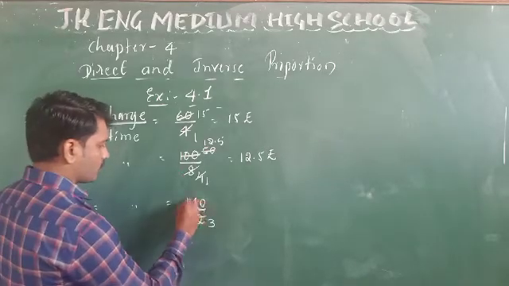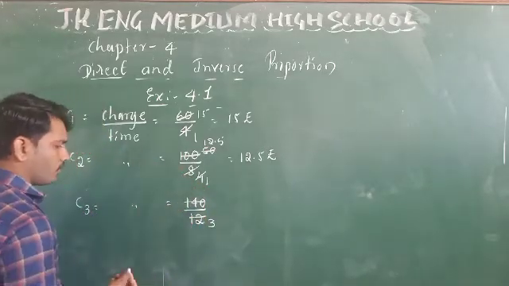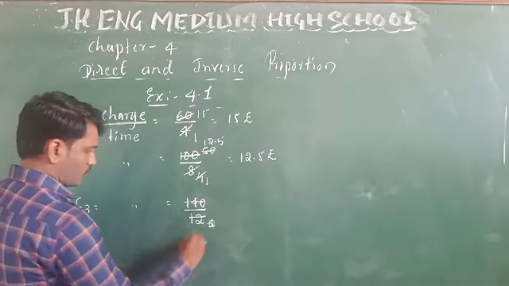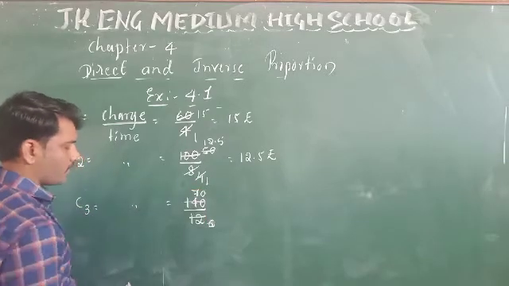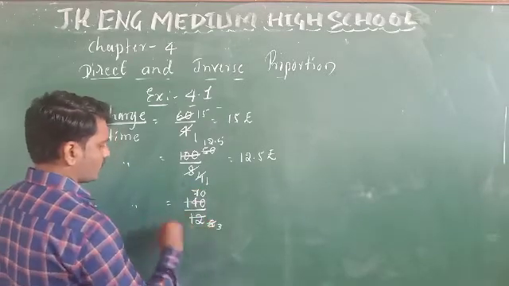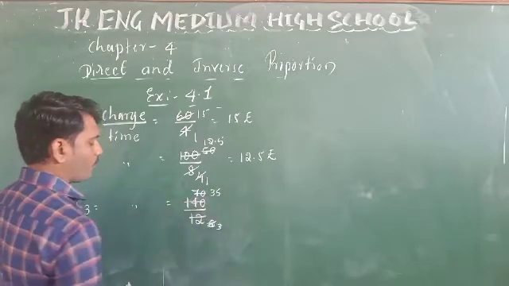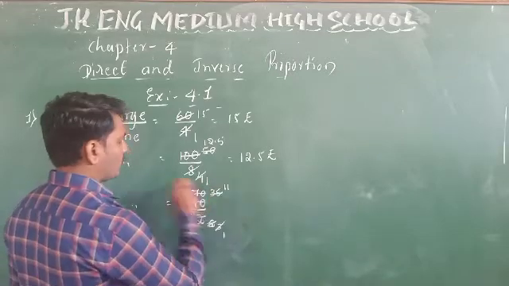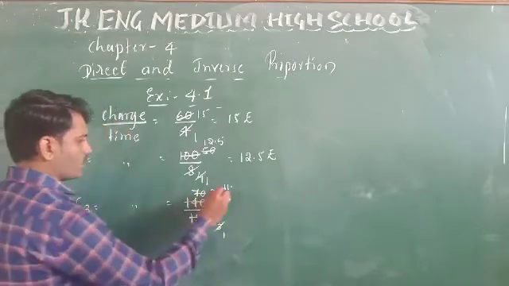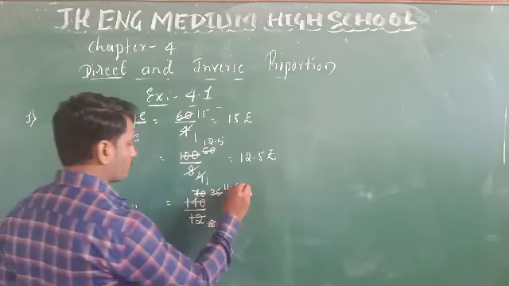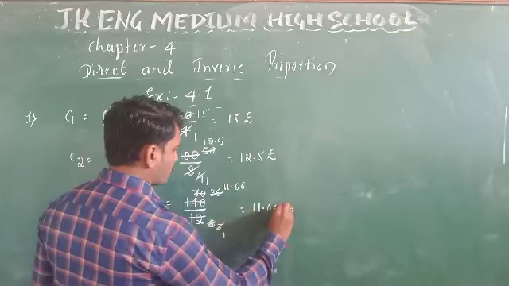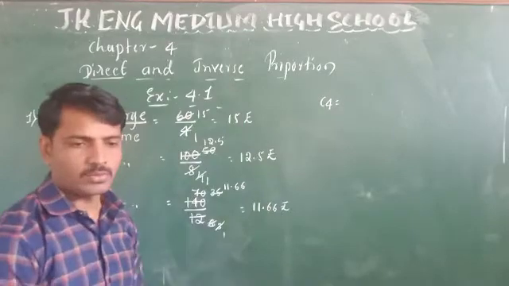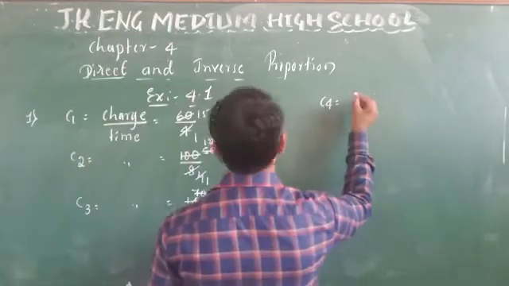So 3 1s are 3, 11s are 33. Remaining 2, 3 6s are 18. 11.66 rupees per hour. And car number 4, C4, is 24 hours, 180.